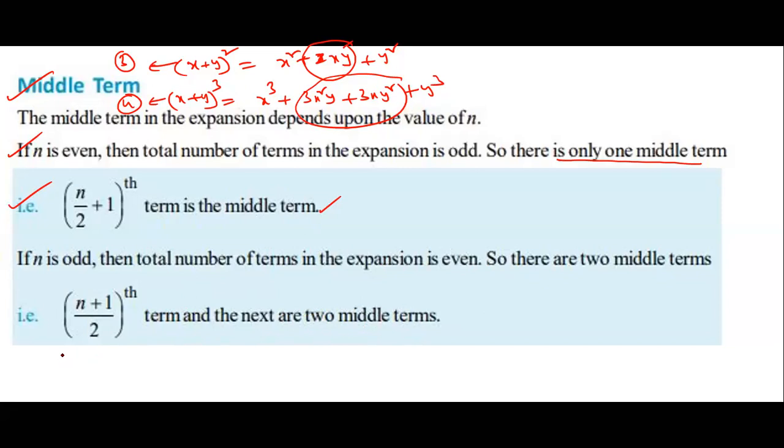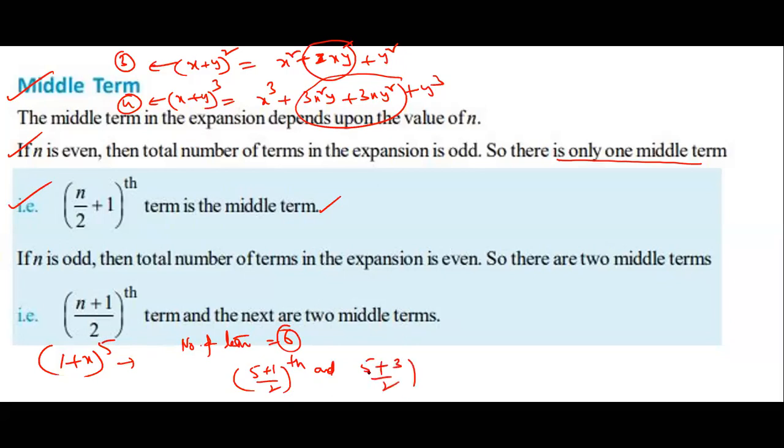So I will take a small example. Now, dear students, find the middle term, anyone? Number of terms, how many are there? 6. Okay, so here what is the n? 5. That means (5 + 1) by 2 th term and (5 + 3) by 2 th term, these are the middle terms.